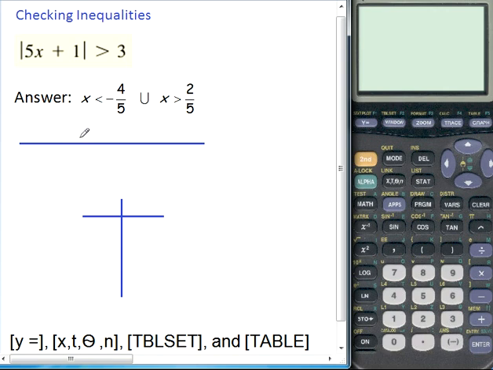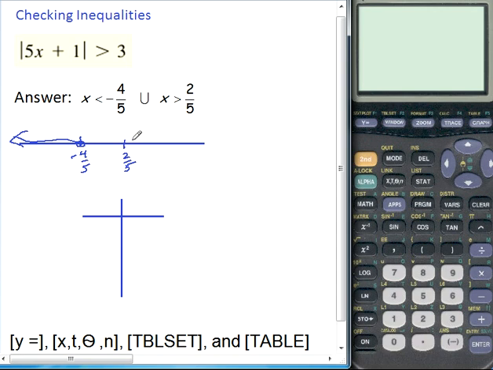If we graph negative 4/5, we would want to have an open circle there, and the points that are less than that are to the left of it, so we have those points over there. And then 2/5 is to the right of negative 4/5 somewhat, on the other side of 0.